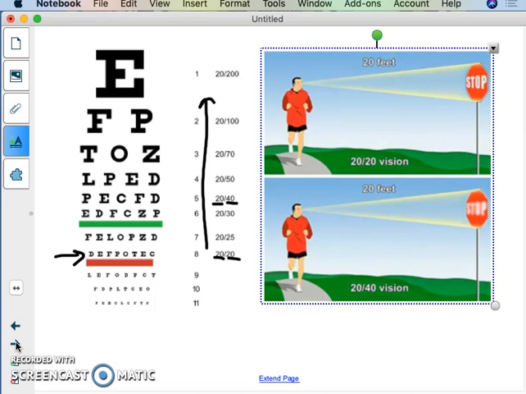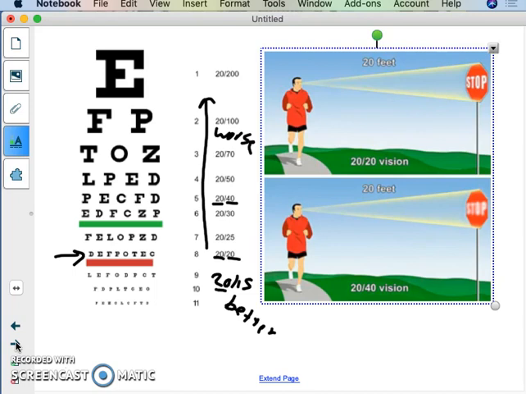And down here would be 20/15. You can see something 20 feet away that a normal person would have to be 15 feet away to see, so you actually have better vision. This is better, this is worse, and there are people who have really good, highly acute vision. So that's what those numbers mean.